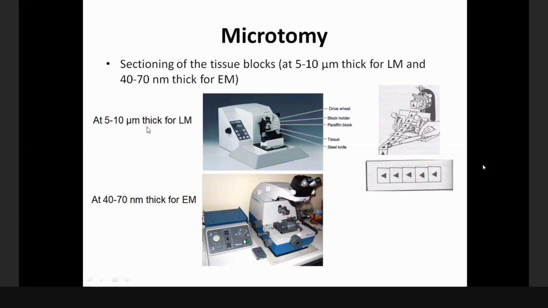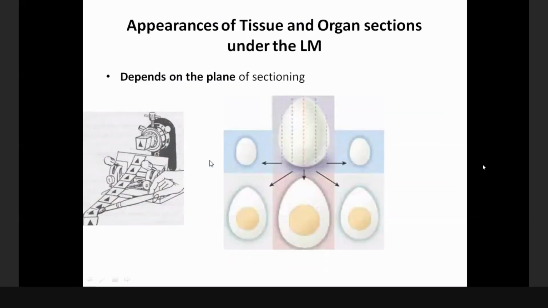I've already told you what micrometers and nanometers are. These are one millionth, these are one billionth. So that's how we take our tissues through different steps to prepare the tissue block for slicing.